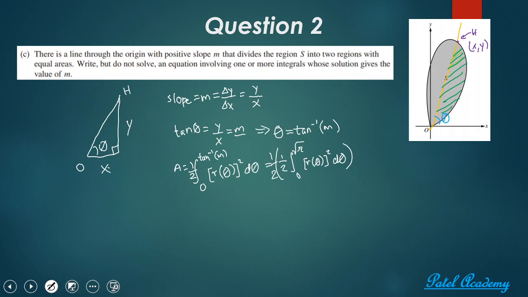And so if you wanted to do one simplification step, the only one that I would suggest is to cancel out these 1/2. So I can get the integral from 0 to the inverse tangent of m of r at theta squared d theta is equal to 1/2 times the integral from 0 to root pi of r theta squared d theta.